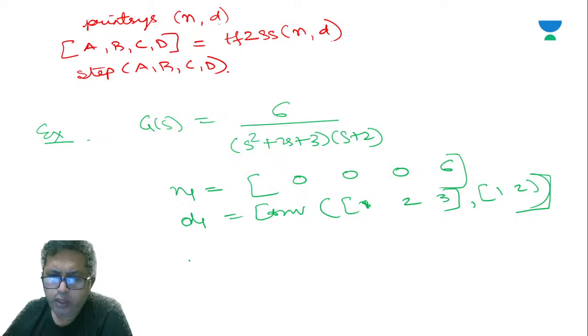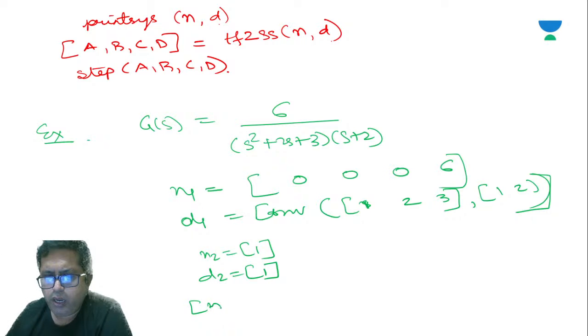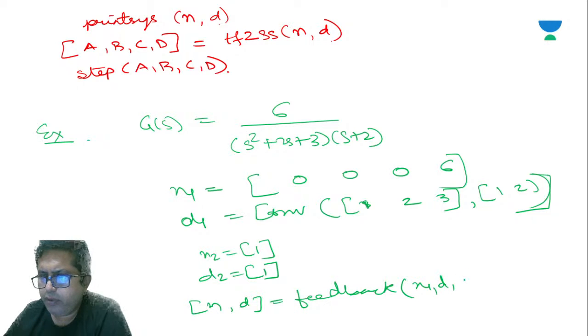After that N2 is equal to 1, D2 is equal to 1. N comma D is equal to feedback of N1 comma D1, N2 comma D2.